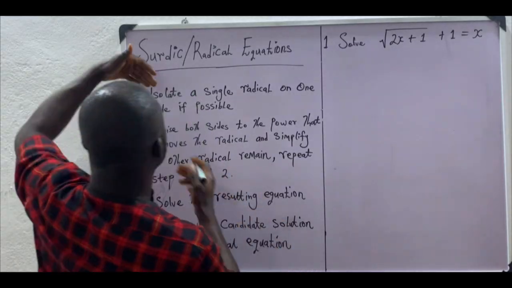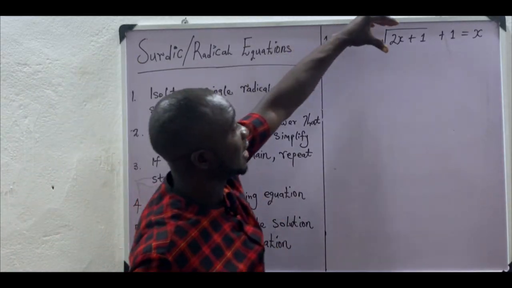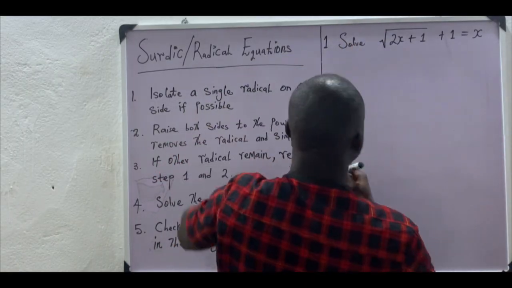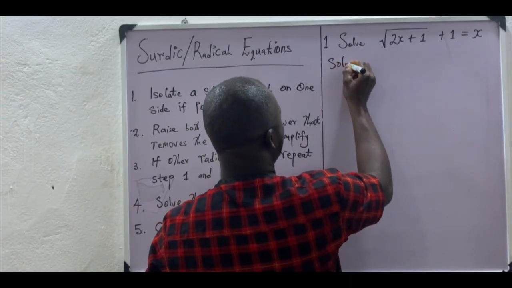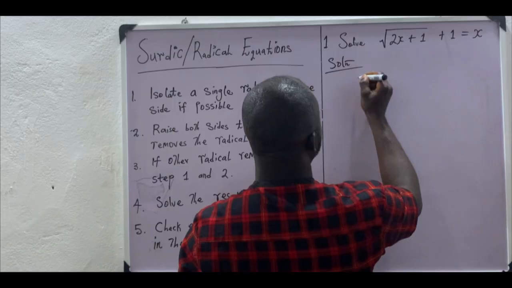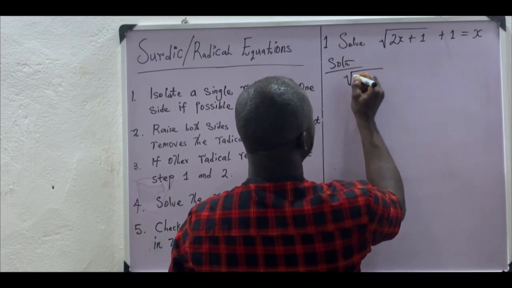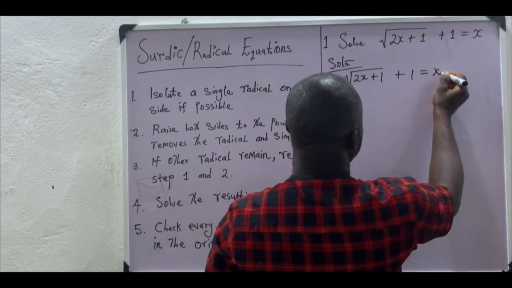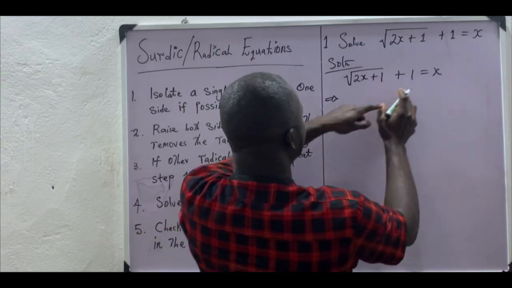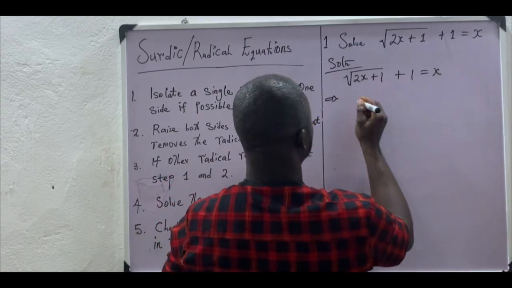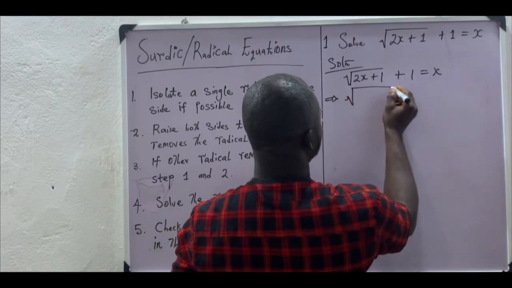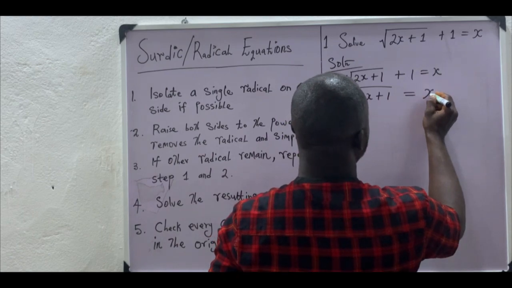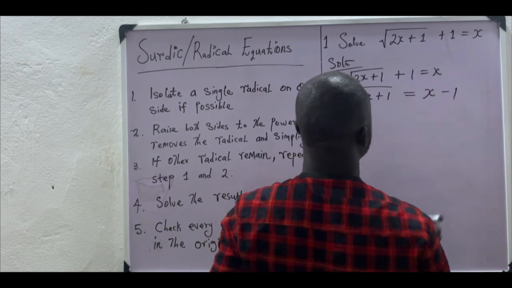And so if you follow the first step, that is to isolate this radical, that means that I have to subtract 1 from both sides of the equation. I will then have the square root of 2x plus 1 equals x minus 1.